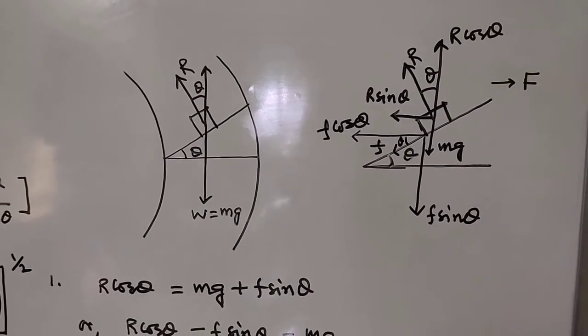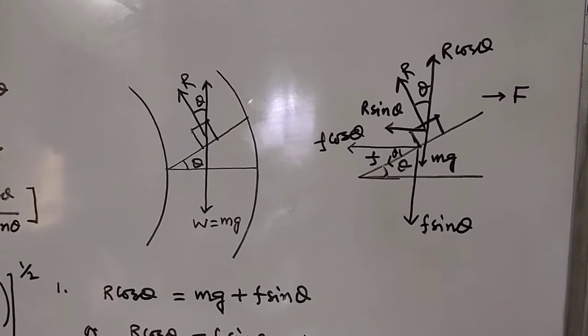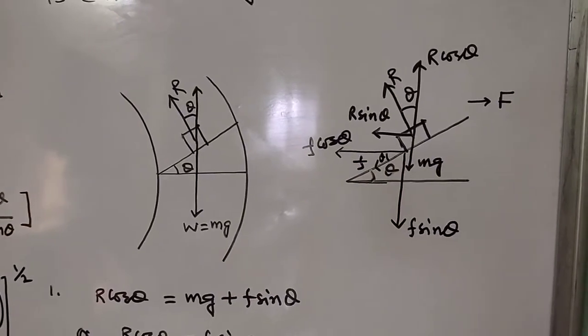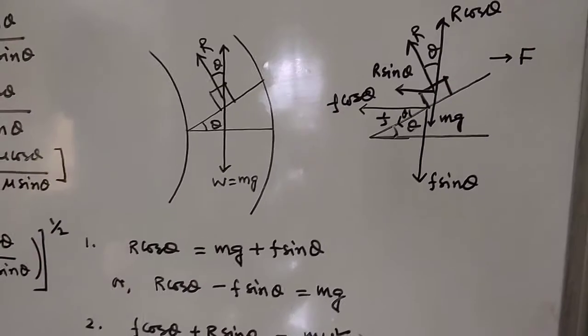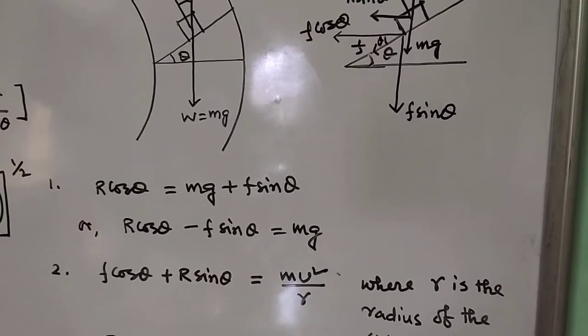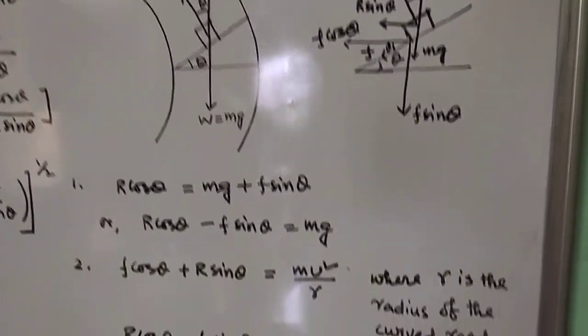So centripetal force and centrifugal force have the same magnitude or the same expression, but the direction is opposite. Centripetal force acts towards the center and centrifugal force acts away from the center. So it is F cos theta plus R sin theta equal to mv square by r. So mv square by r is your centrifugal force, which is defined as your capital F.